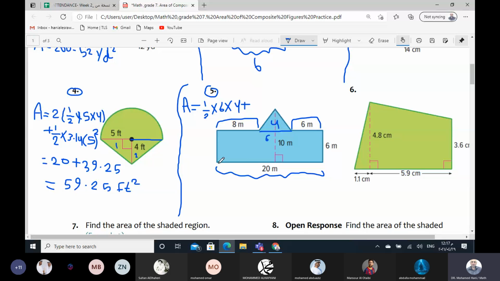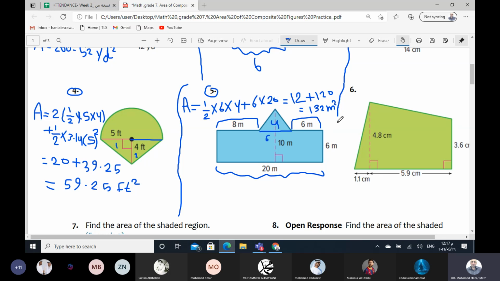The area of the rectangle, length times width. 6 times 20. 4 times 6, 24. 24 divided by 2 will be 12. Then 6 times 20 will be 120. Then 12 plus 120 will be 132 meter squared.